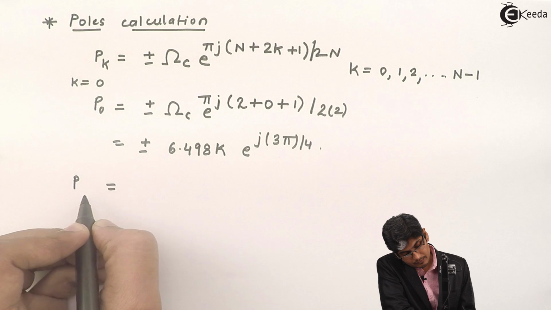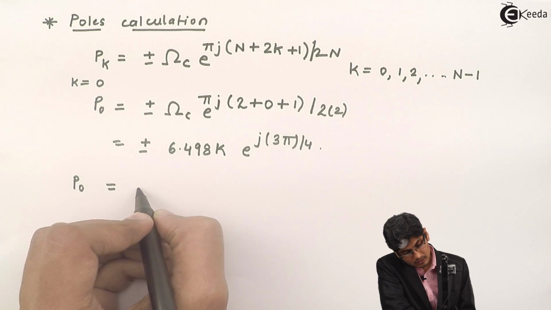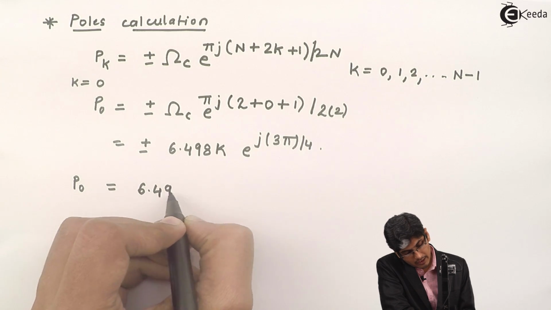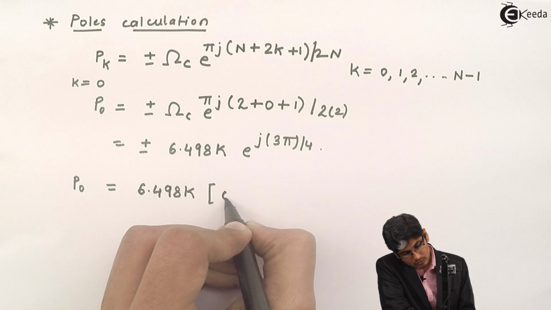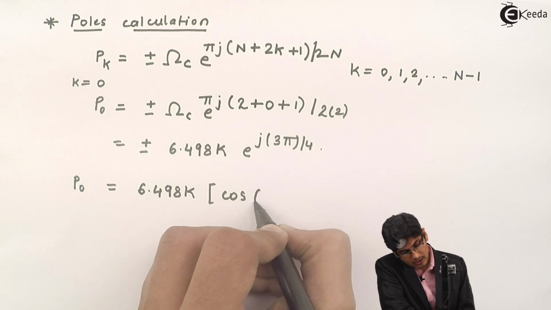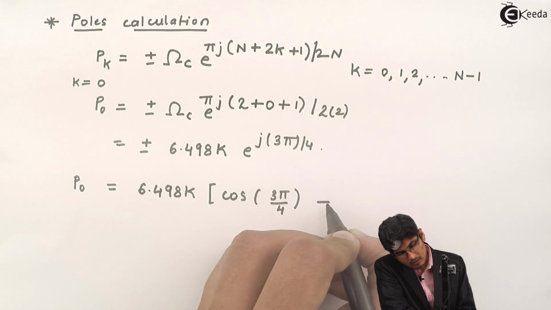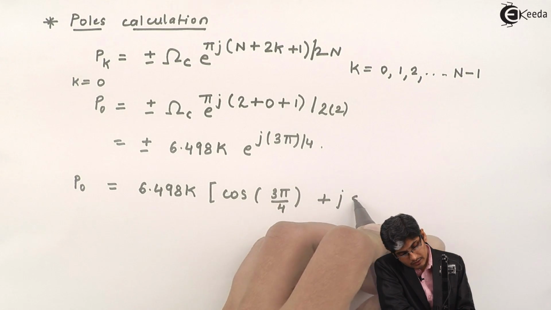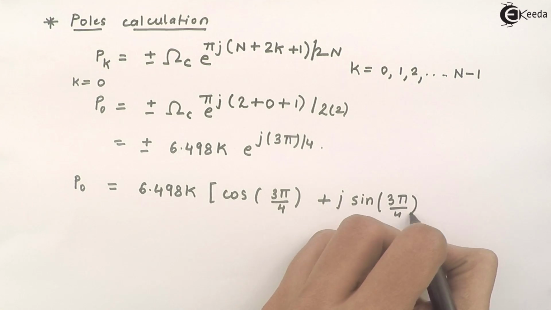So P0 will be 6.498 k into cos 3 pi by 4 plus j sine 3 pi by 4.